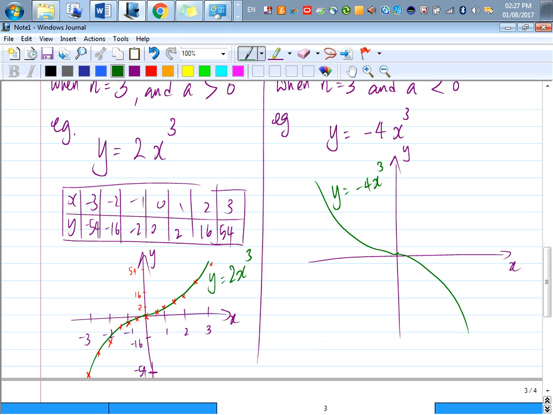When practicing drawing a graph, it should not be straight line and straight line and straight line. It should be a curve, a smooth curve.